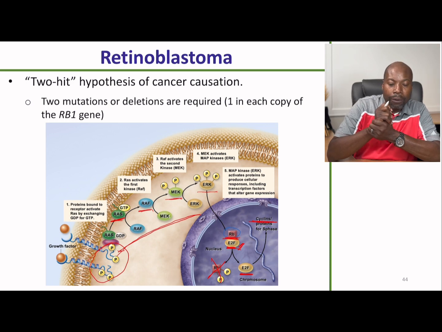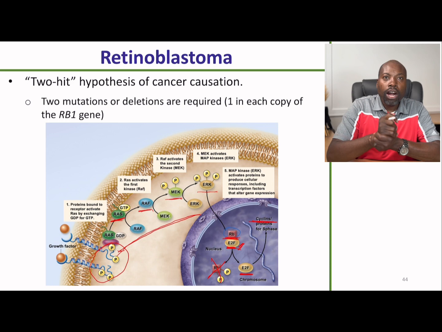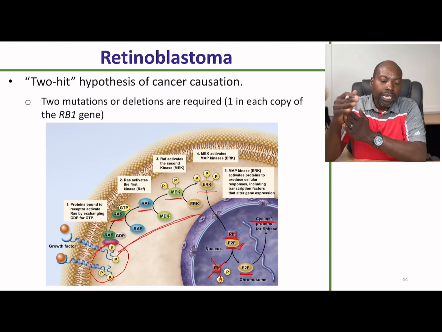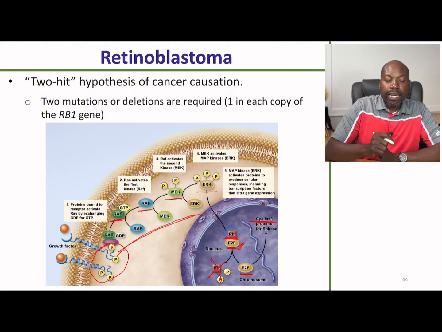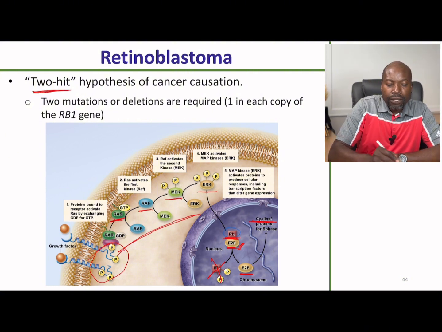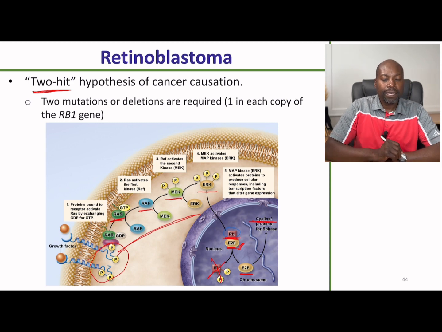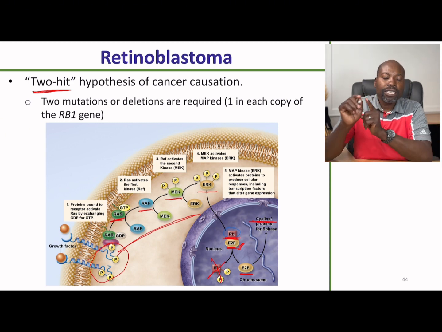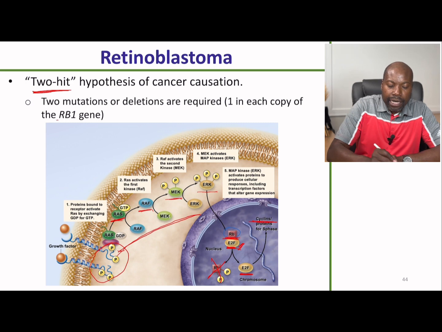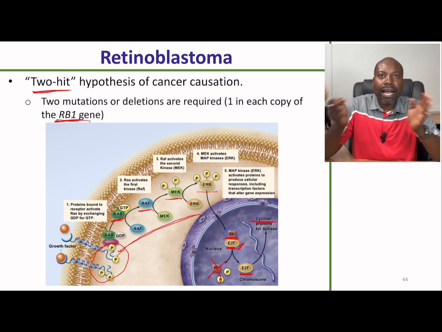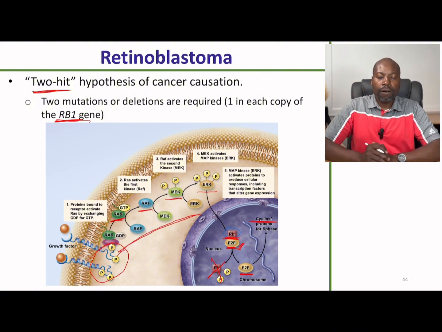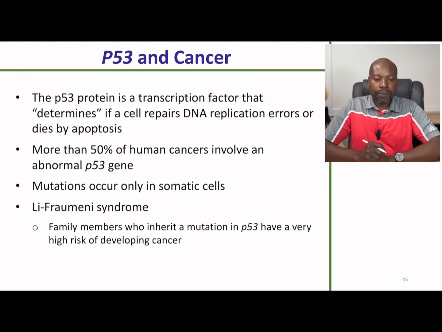So this is how a mutation in RB is going to lead to cancer, right? But for that to happen though, you need what we call a two-hit hypothesis, right? Which means that two mutations have to happen in the RB gene, okay? And these two mutations are going to cause inactivation of RB, okay?